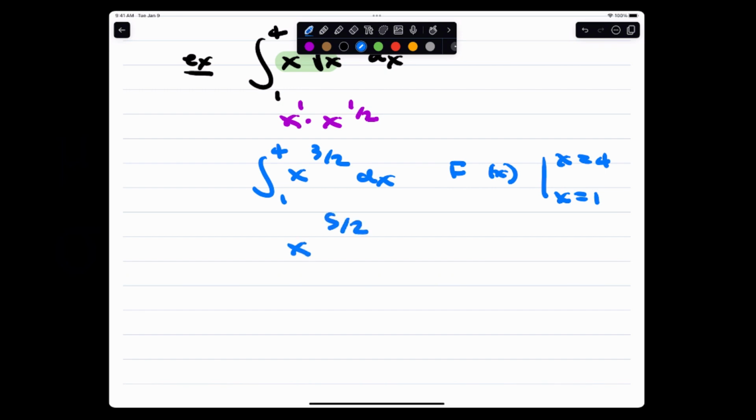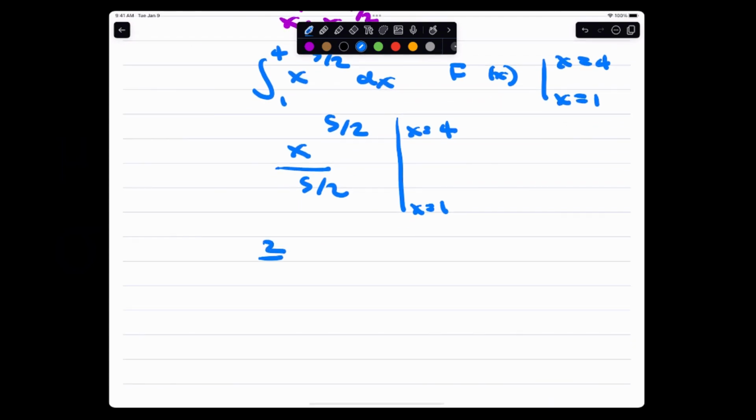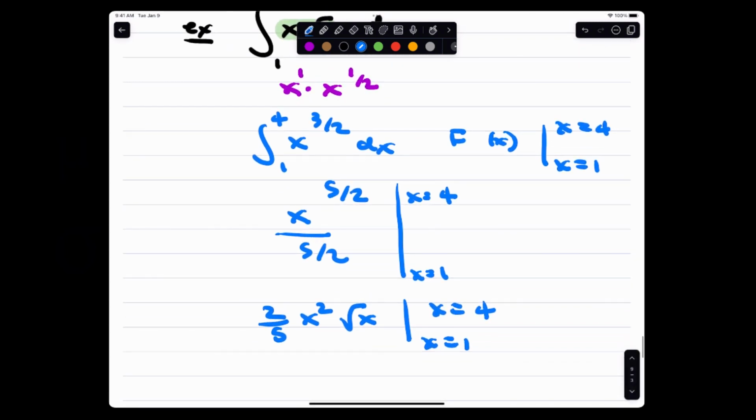Isn't it x to the 5/2 over 5/2 from x is 1 to x is 4? Is that true? Which is 2 what? 2/5 x squared times the square root of x. Is that right? Double check. Didn't we do those? Isn't 5/2 2.5?